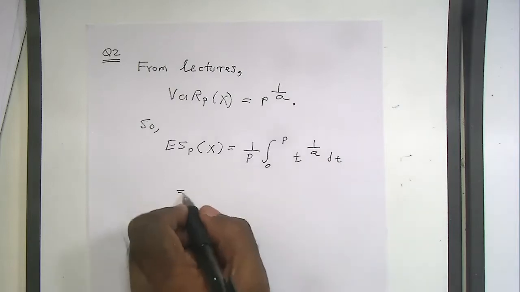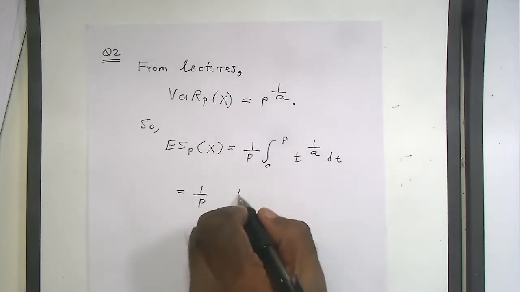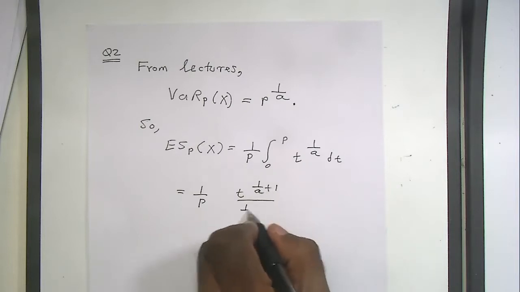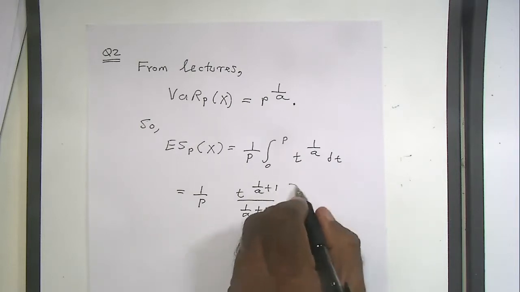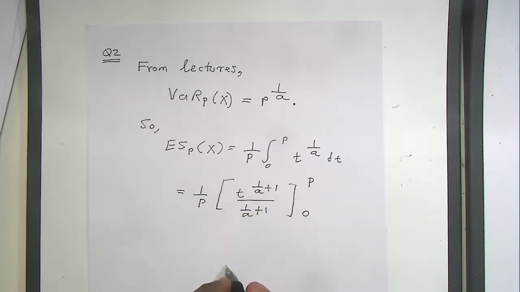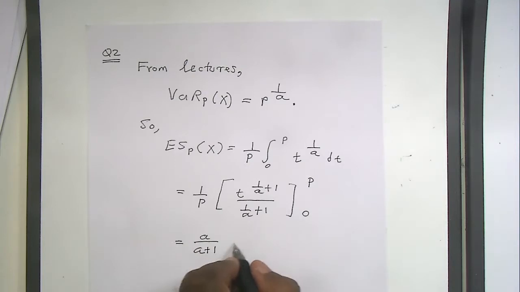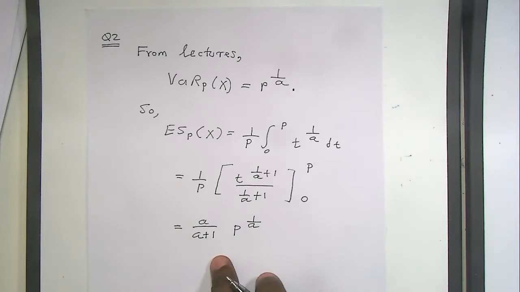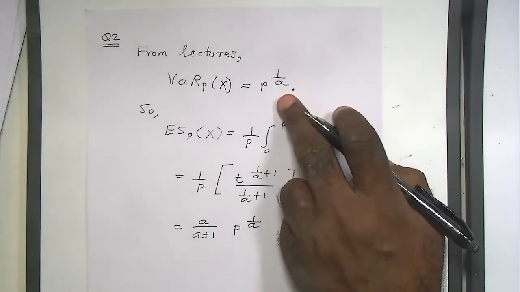And if you do the integration, this is what you get, and after simplification you will get this, right? So this is the formula for the expected shortfall, and this is the formula for VaR.